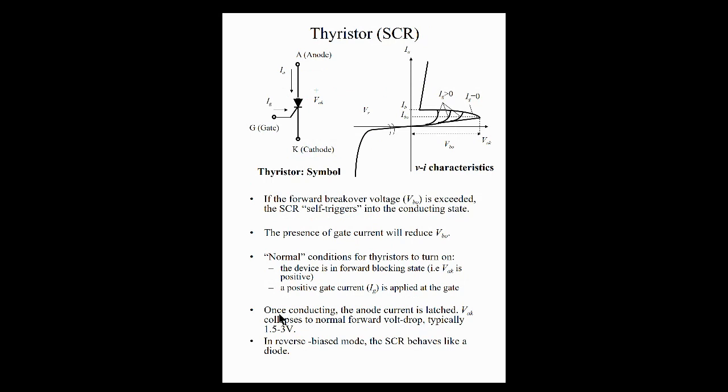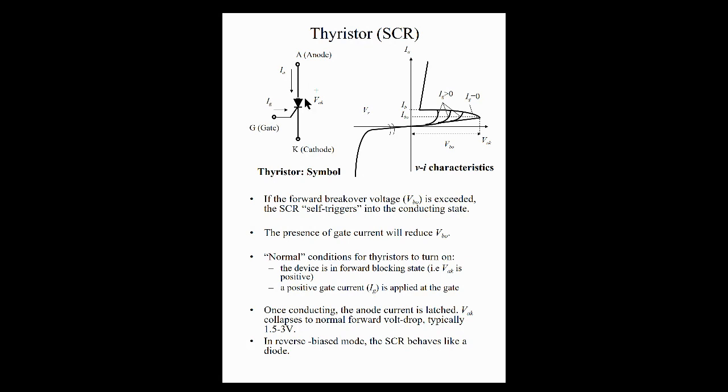Now the thyristor, and more so the silicon control rectifier, right? This type of device has 3 terminals, right? Mainly anode, cathode, designated normally with the letter K. We also have G, the gate.